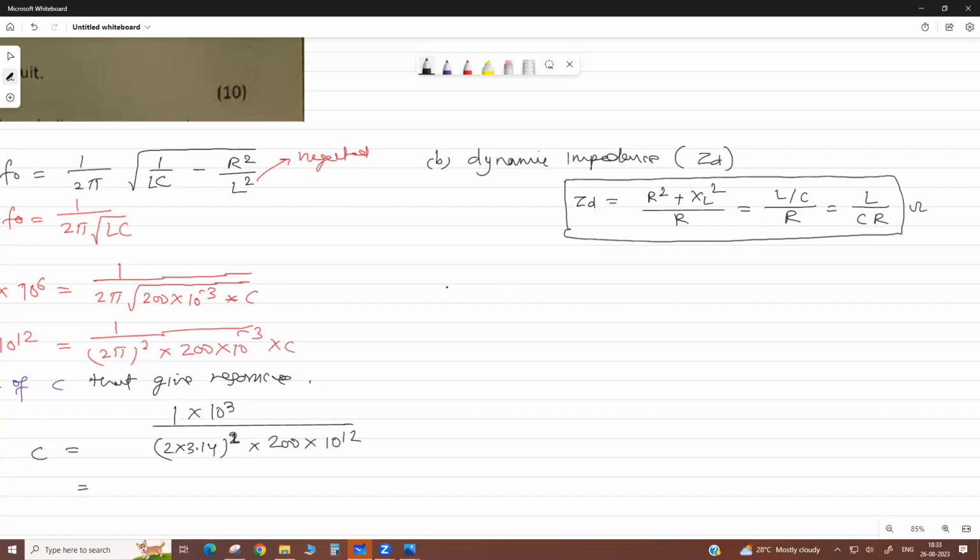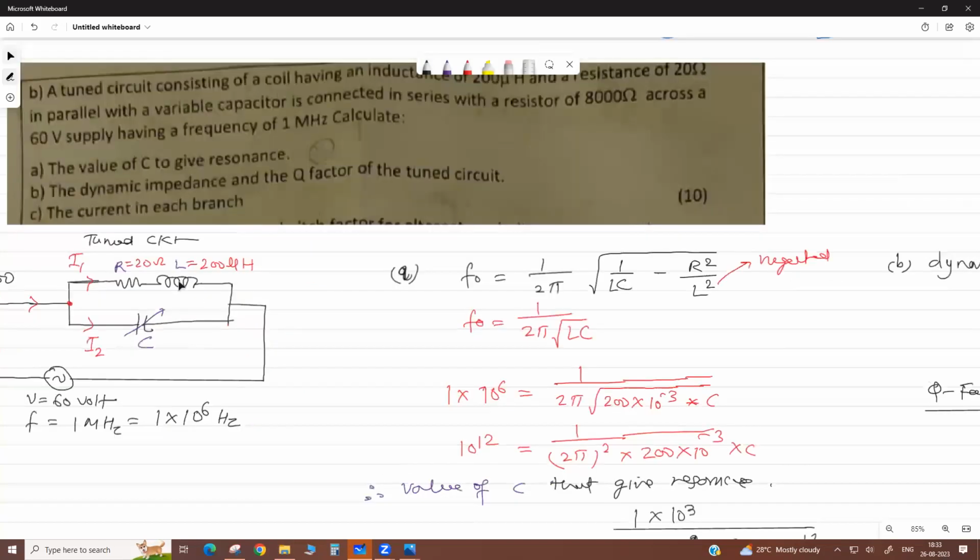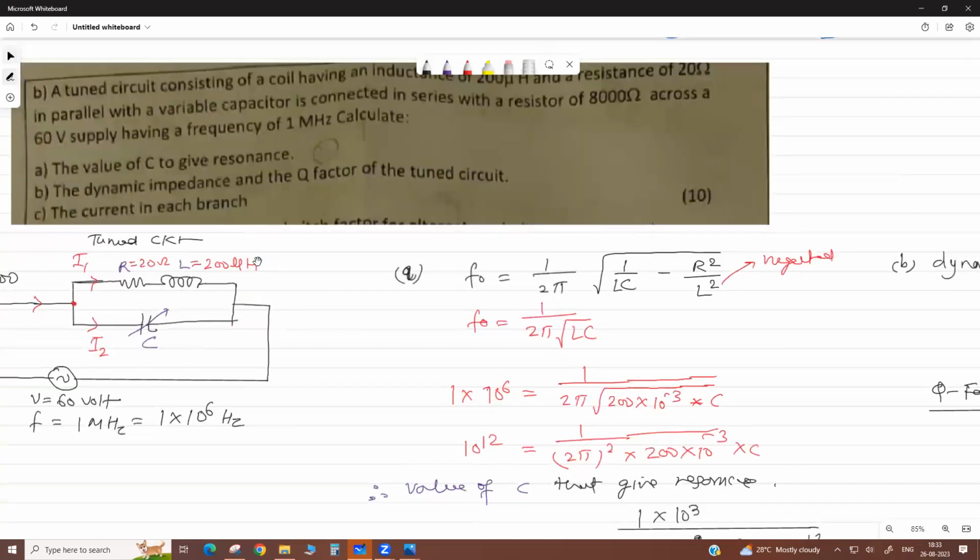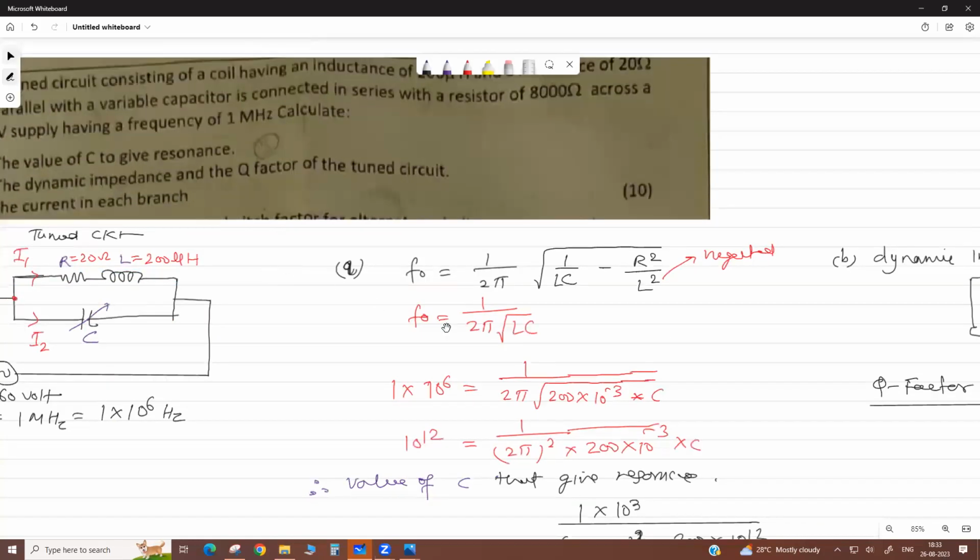Then you come to the Q factor, the quality factor. It represents the loss relative to the energy stored, the energy stored in the inductor or capacitor and the energy dissipated in resistance. For the tank circuit, the energy is stored in L and dissipated in R of the coil.